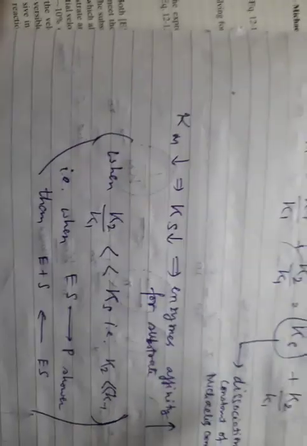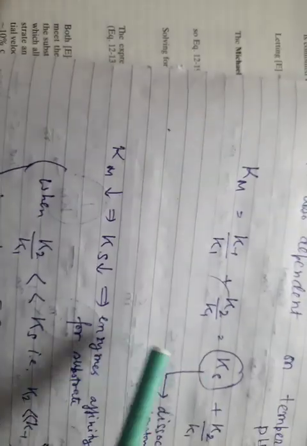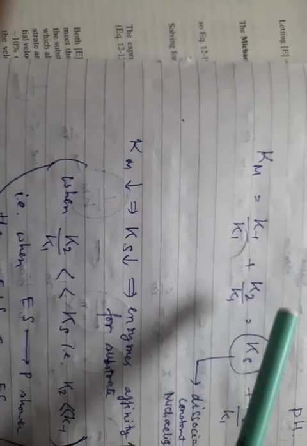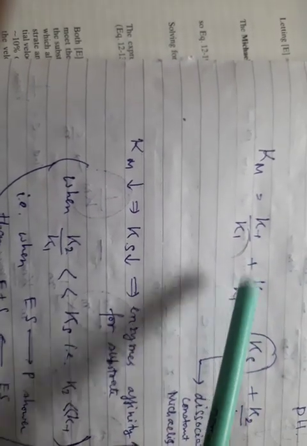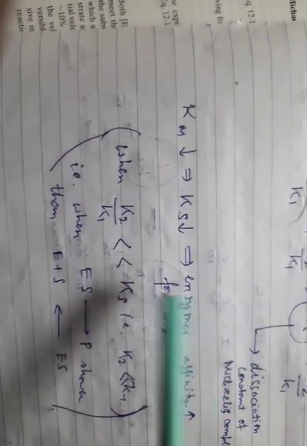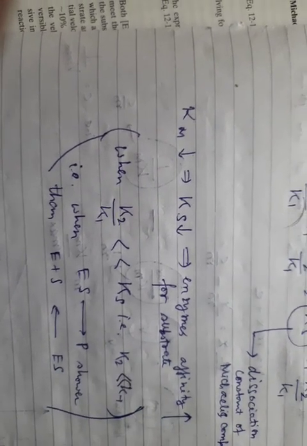And this is the thing when this one is much less than this one. Since this has that in its denominator, when this is much lower than this, that is what is written out here. So what is this k2? Let's see it again.